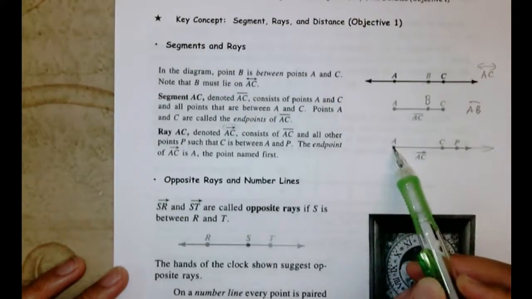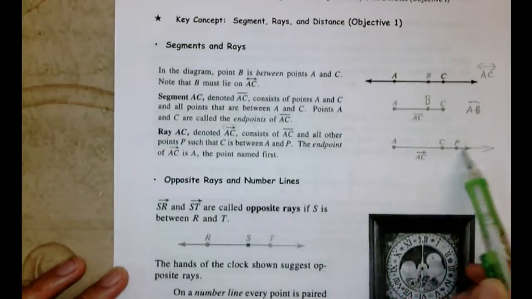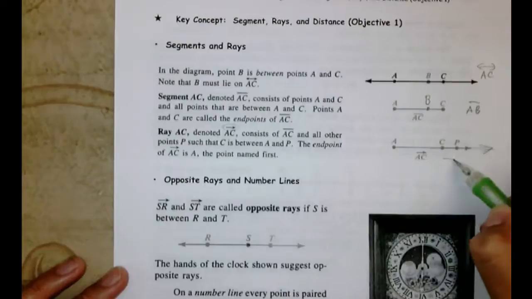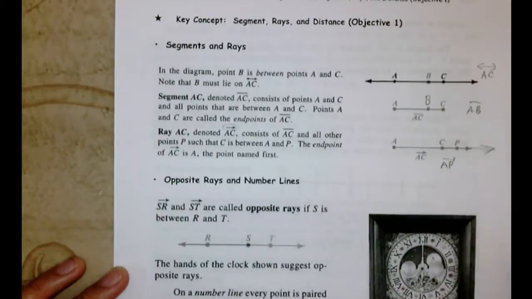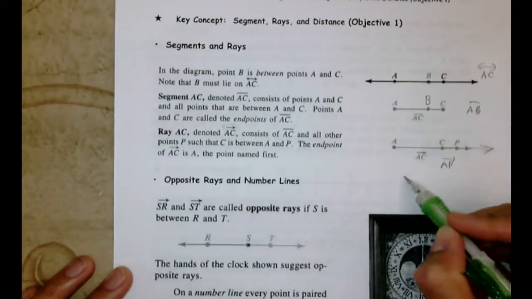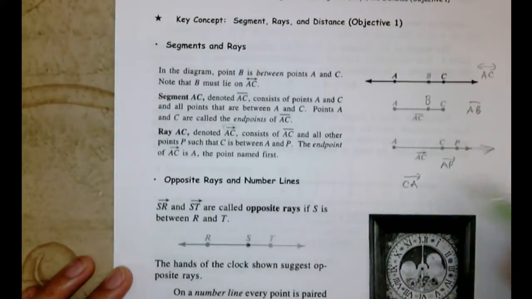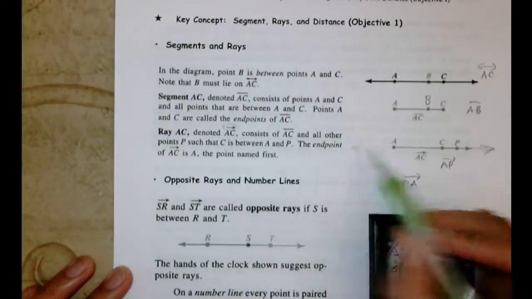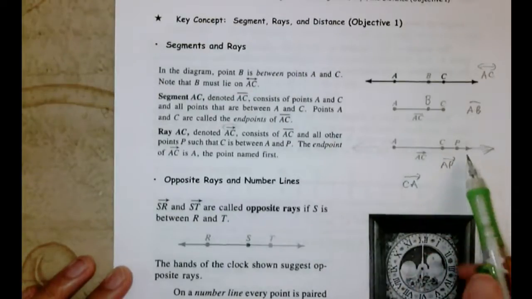So this is the endpoint, and all these are on ray AC. So ray AC and ray AP are the same. But you cannot write ray CA, because then that means the endpoint is here and it's all the points going this way. That's a different ray.